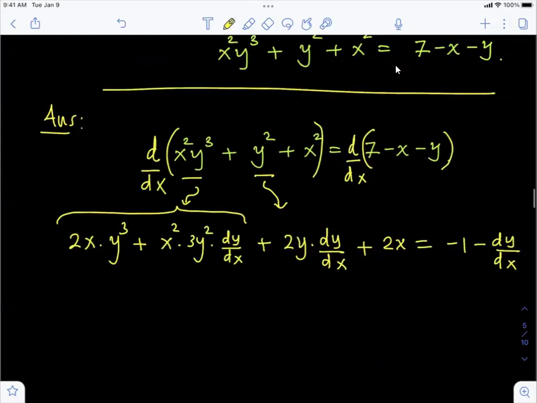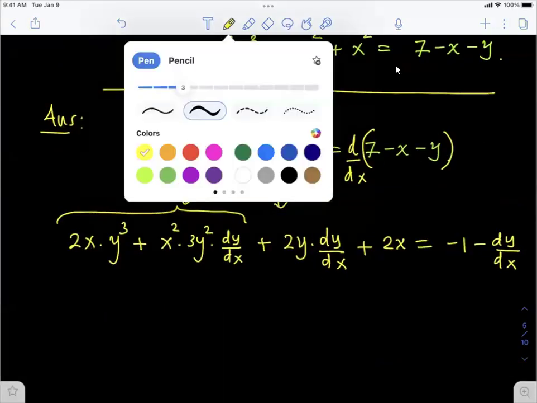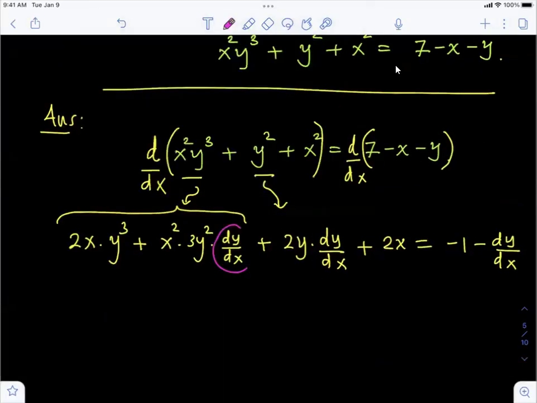Now, if you look at dy dx in this context, you can see it appears right here and right there and at this point. But the important part is this dy dx appears not with powers, not trapped inside any other functions. It appears just separately without getting involved with any other terms.